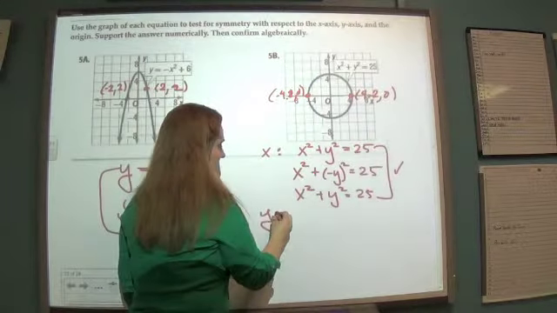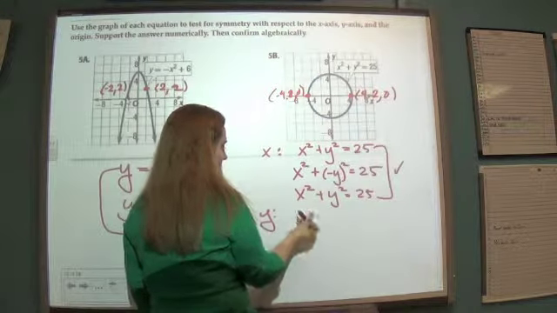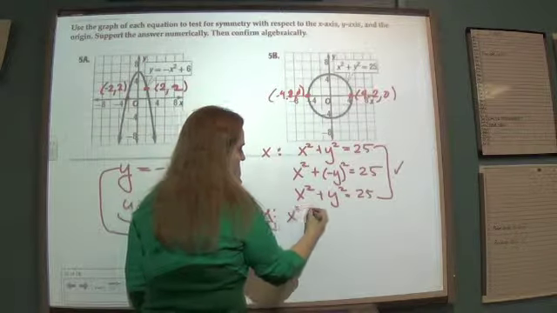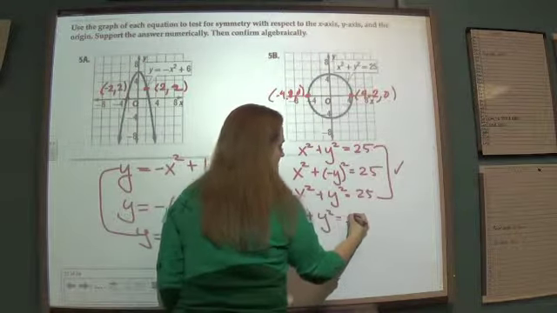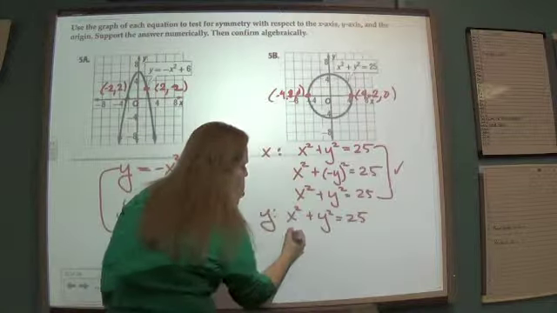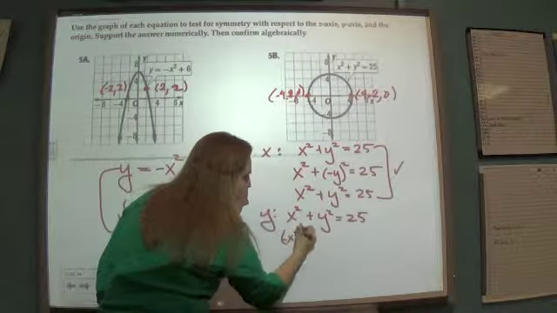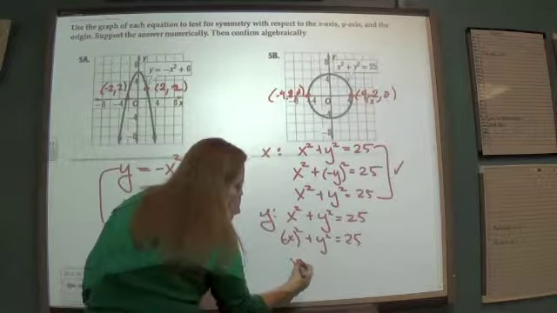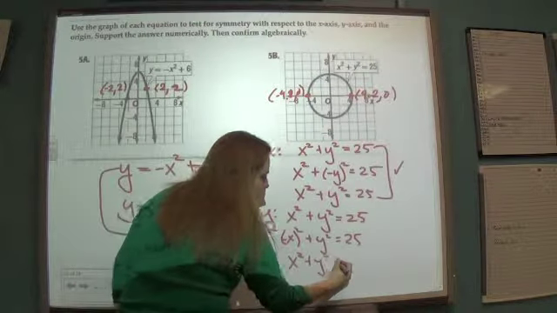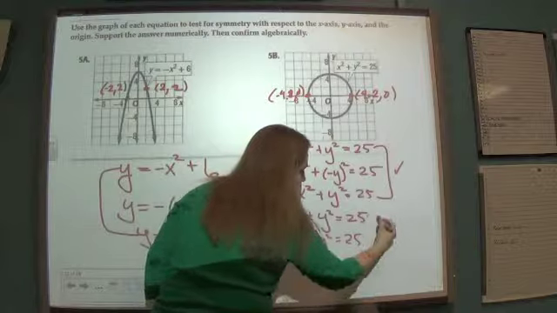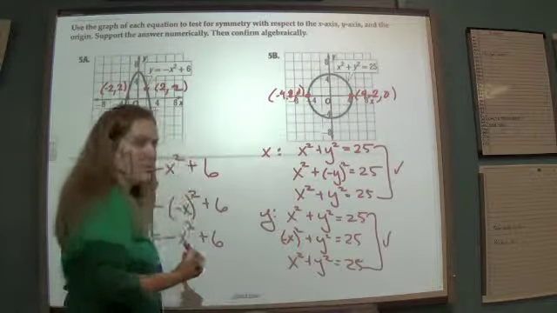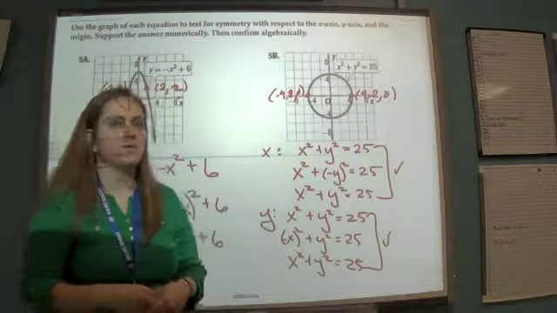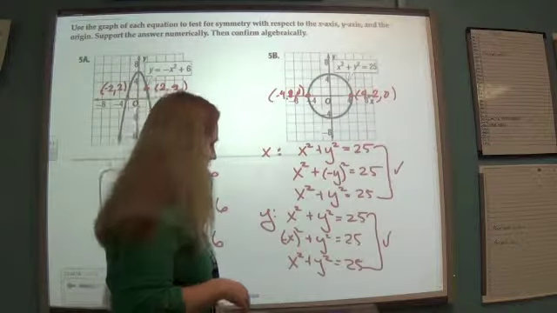If I did the y, here's the original: x squared plus y squared equals 25. I'm plugging in a negative x for x, and that just becomes x squared. So it is also equivalent, symmetric to the y-axis. Because the x and the y worked, we can say it's also symmetric to the origin.